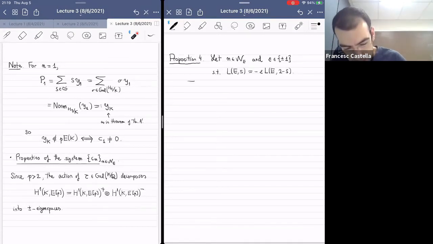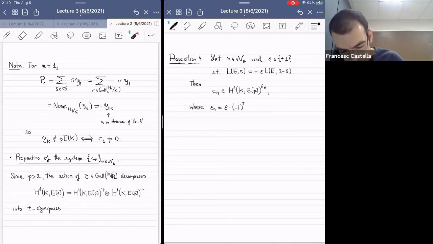Then it turns out that the class C_n belongs to the following tau eigenspace, where epsilon_n is epsilon times minus 1 to the number of primes that divide n.